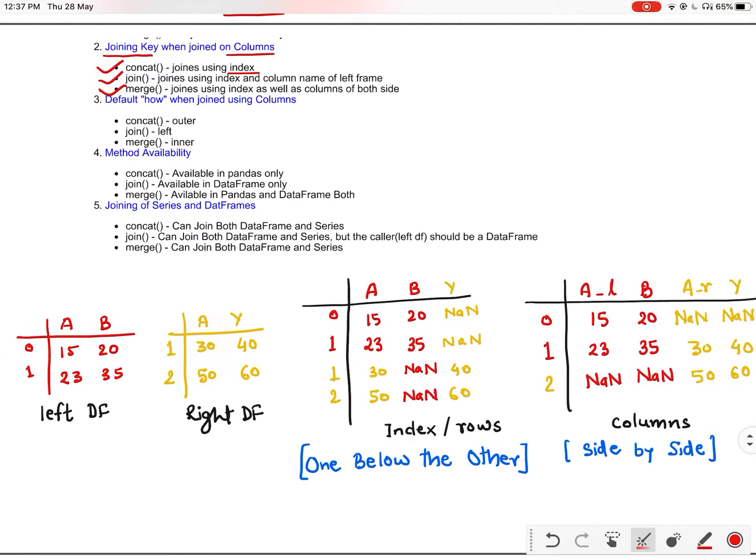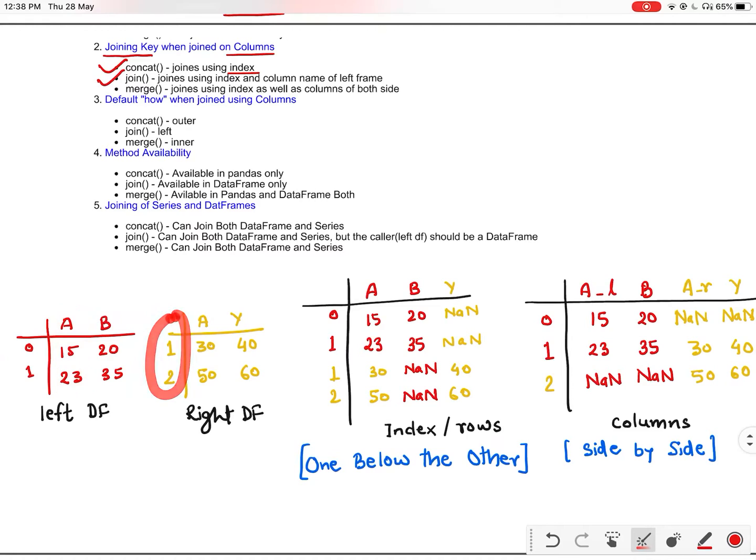If it is a little confusing, then we will discuss it again. So let us see again. When we use the concat method, it uses indexes to join. When we use the join method, it uses indexes, or it can use a column of the left data frame and the index of the right data frame.